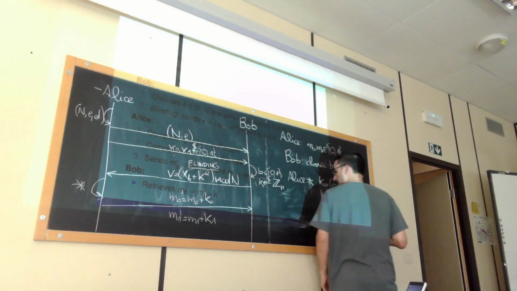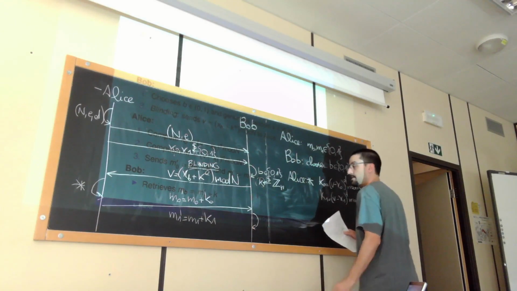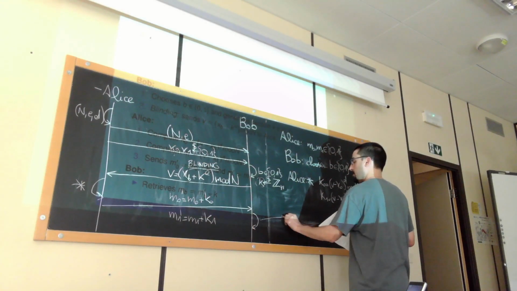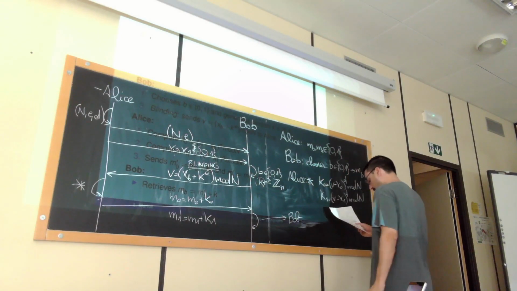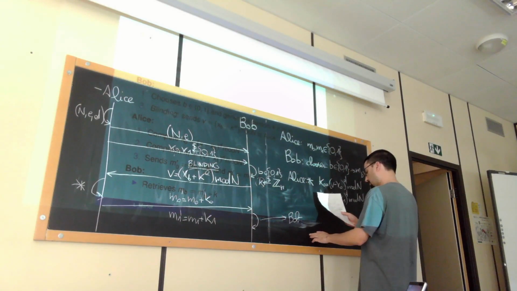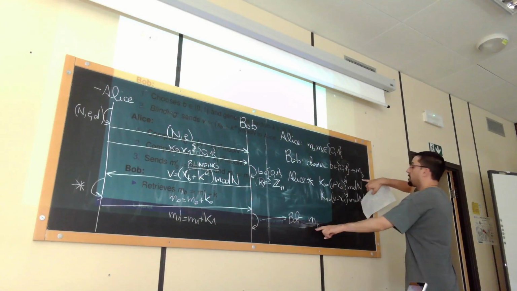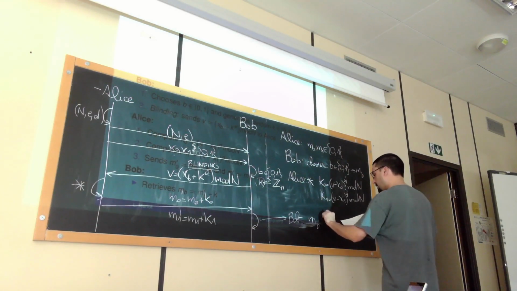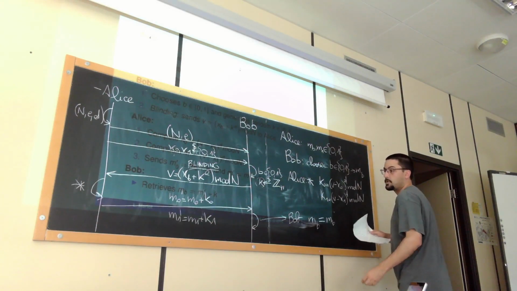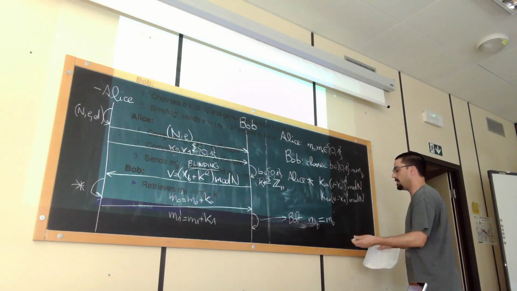Okay. And finally, what Bob does here is to compute this message. MB, which is what he wanted to achieve, will be equal to MB prime, so one of these two, and still Alice doesn't know what B is.